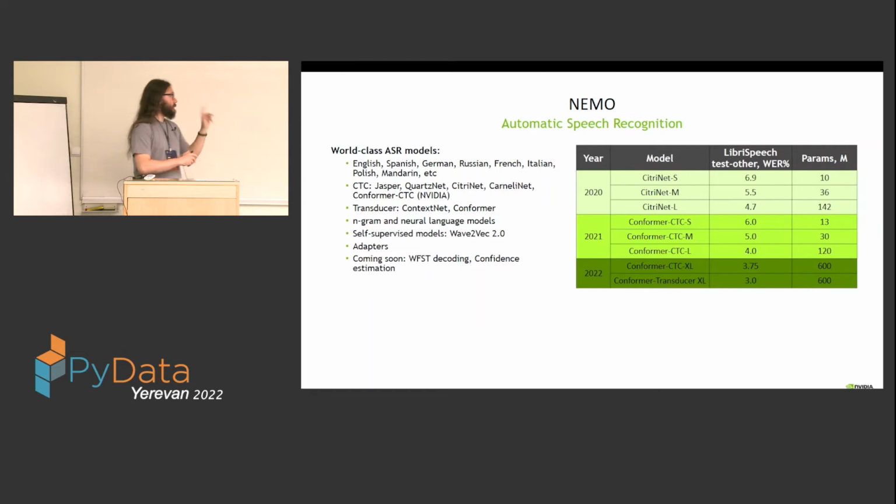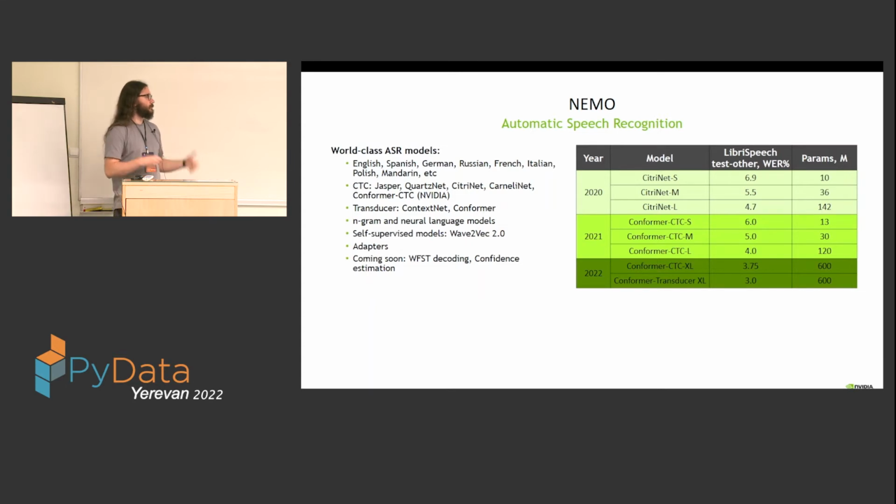Won't dive deeply there. Apart from the neural network models, as in just to recognize speech as an acoustic model, we have language models based on statistical n-grams or neural language models to further improve the quality of the speech recognition.